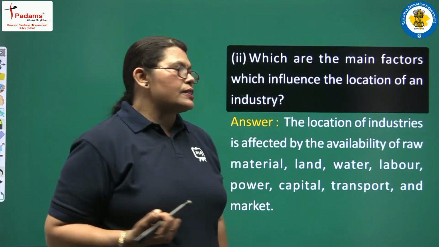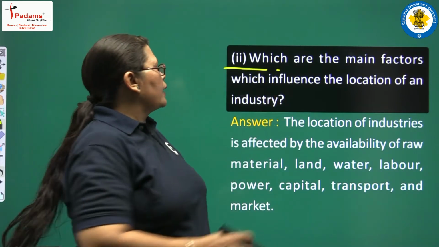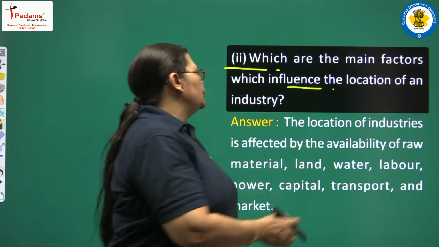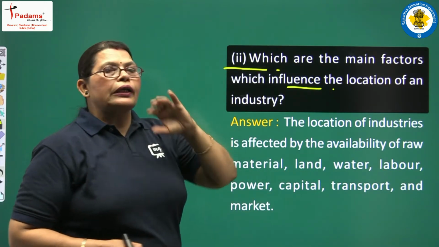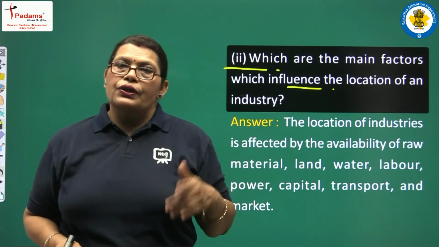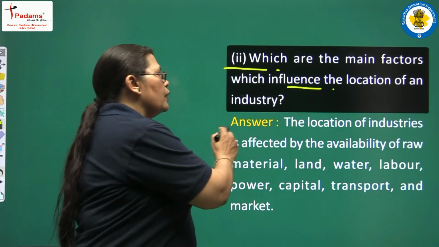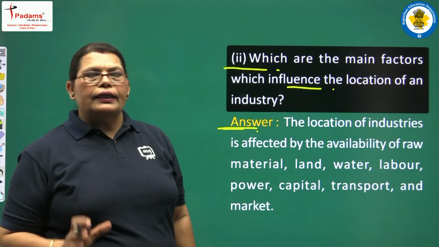We are taking our second question here. Which are the main factors which influence the location of an industry? If main factors are asked, then recall the chapter reading session. We had discussed this thing also. Many factors are responsible for the location of an industry.